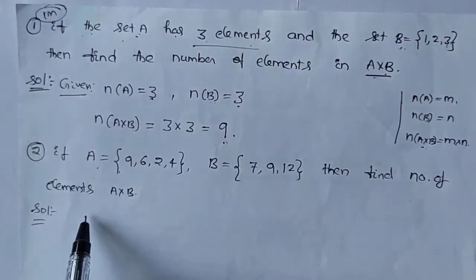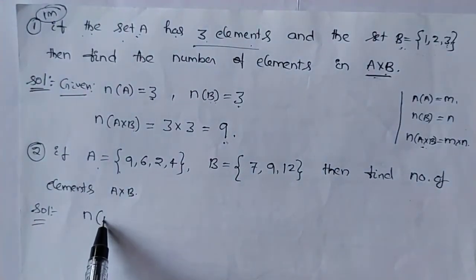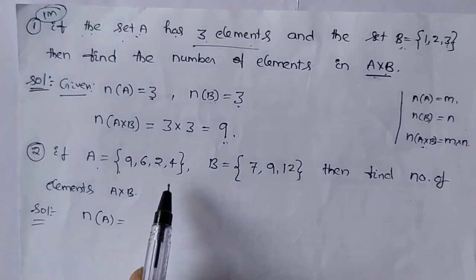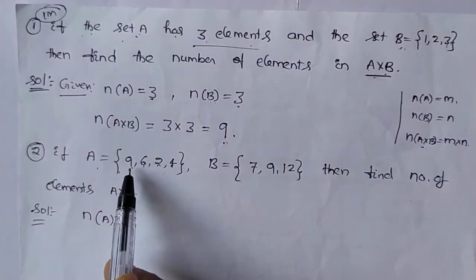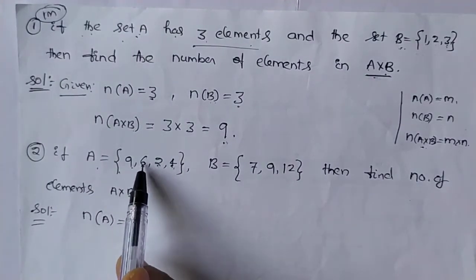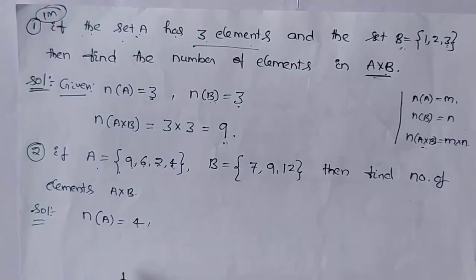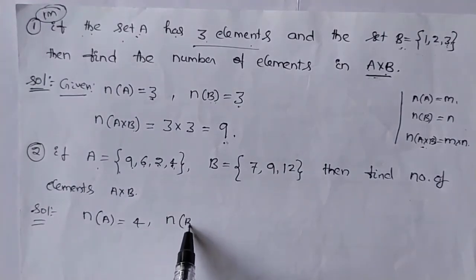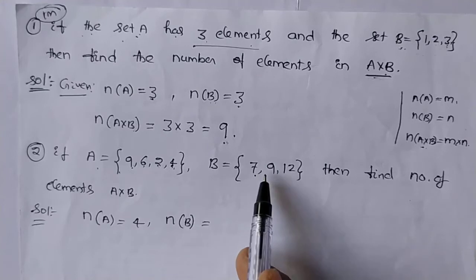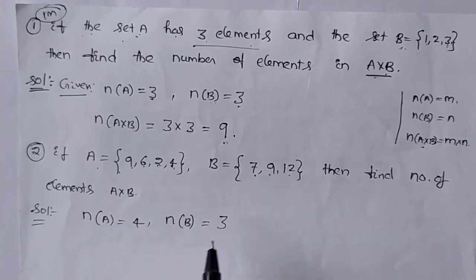Here we have the set A. How many elements are there in the set A? 1, 2, 3, 4. 4 elements. Number of elements in the set B? 1, 2, 3. Only 3 elements.